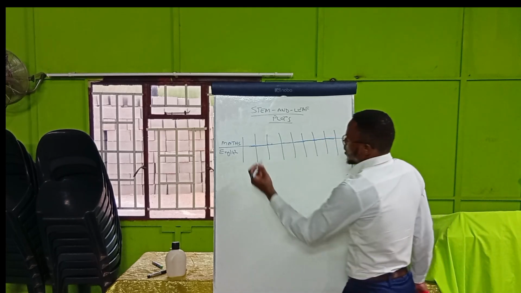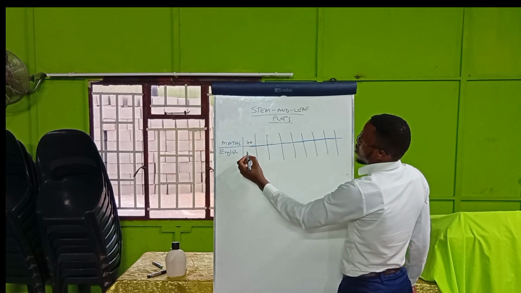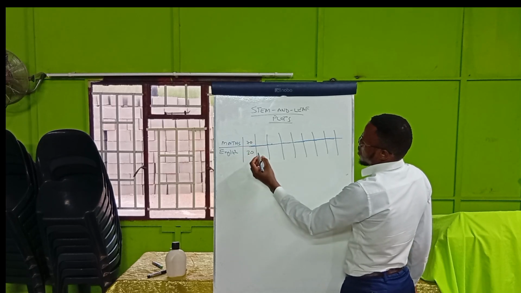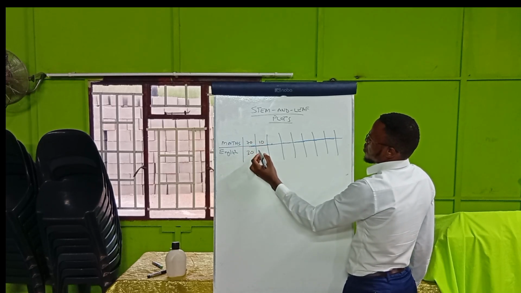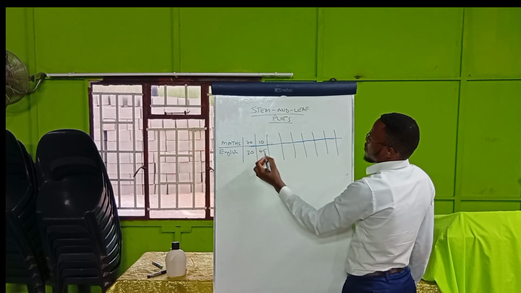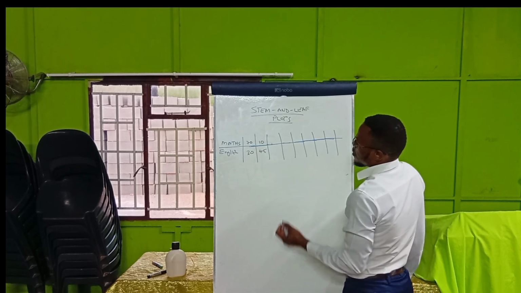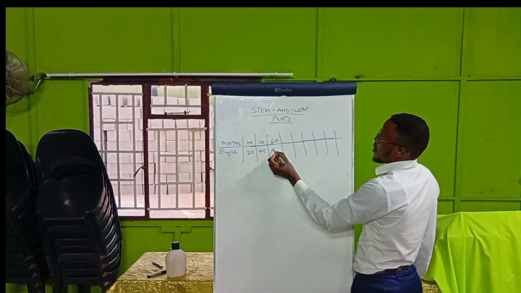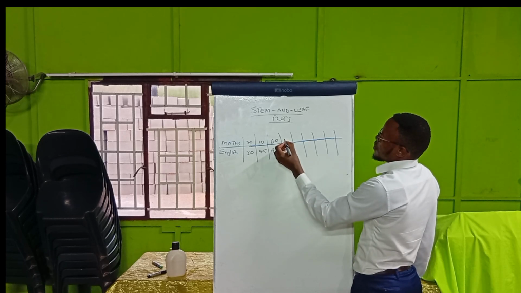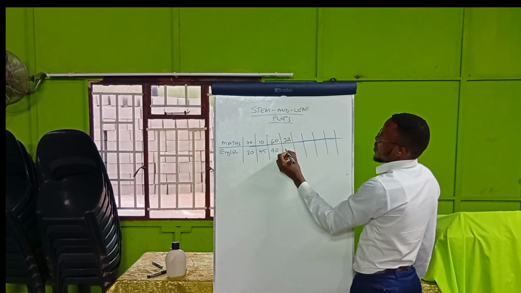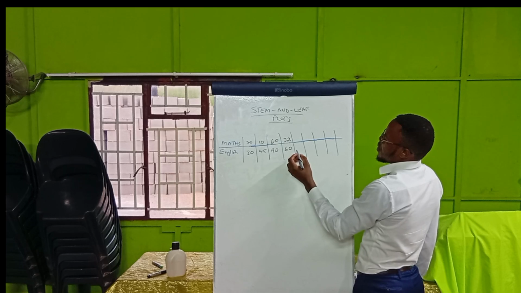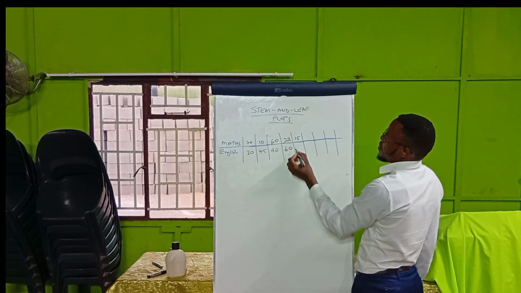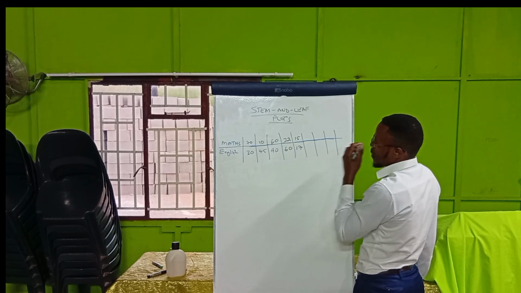So let's say in your first test, perhaps you get a 70 in maths, and in English you get a 30. The second test you get a 10, and a 45. You get a 60 in maths, a 90. You get a 32, and then a 60. You get a 15 and a 17.